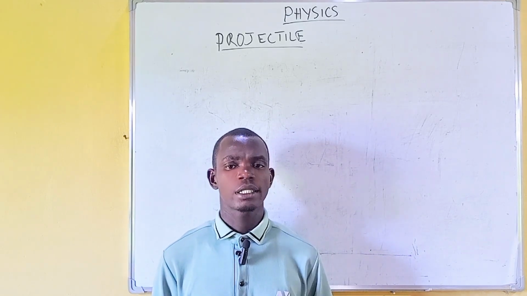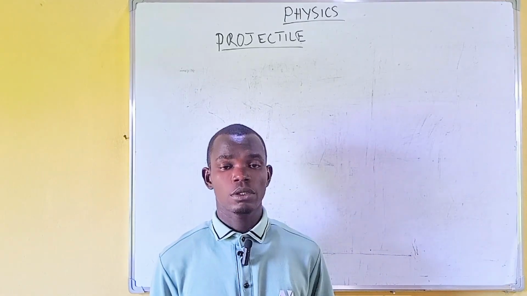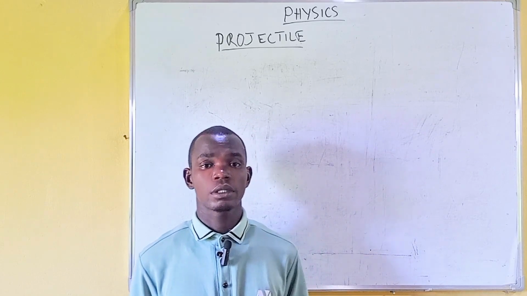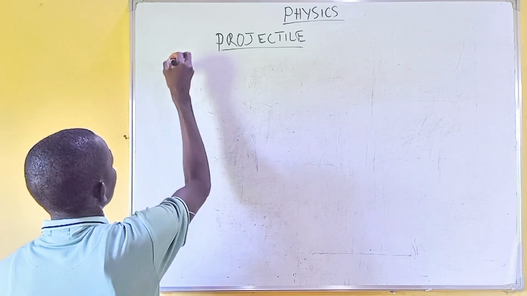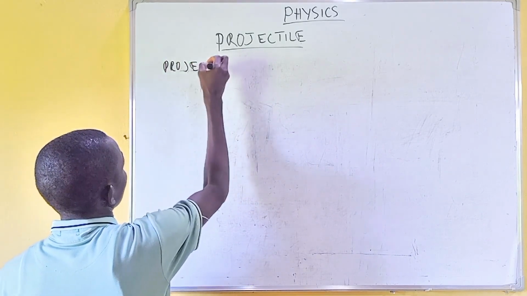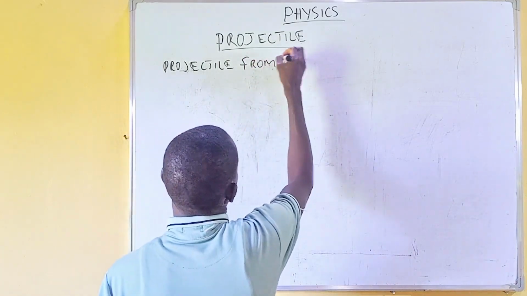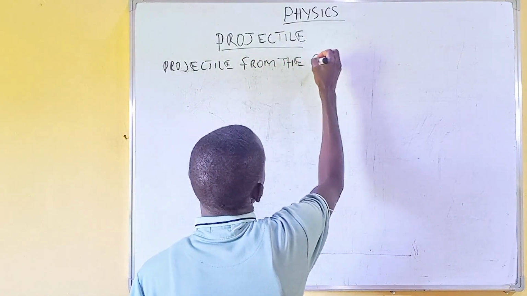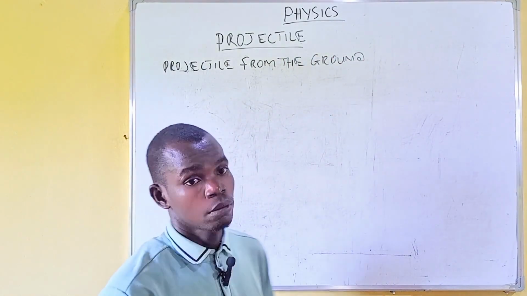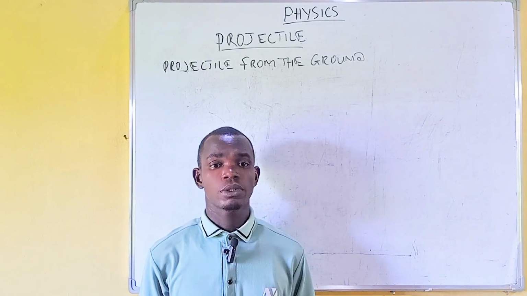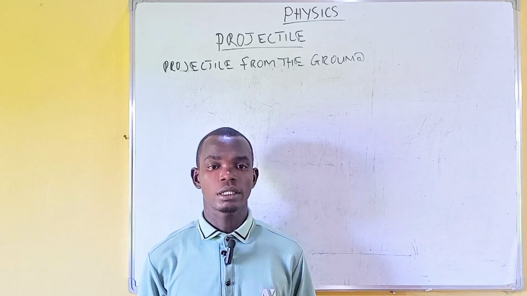A projectile can be projected from the ground or from the top of a cliff. So let us look at projectile from the ground state. Let's consider this projectile using a player throwing a basketball at the net.